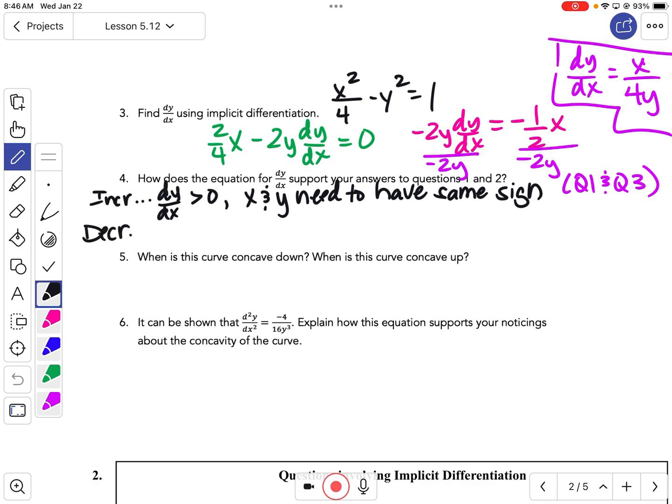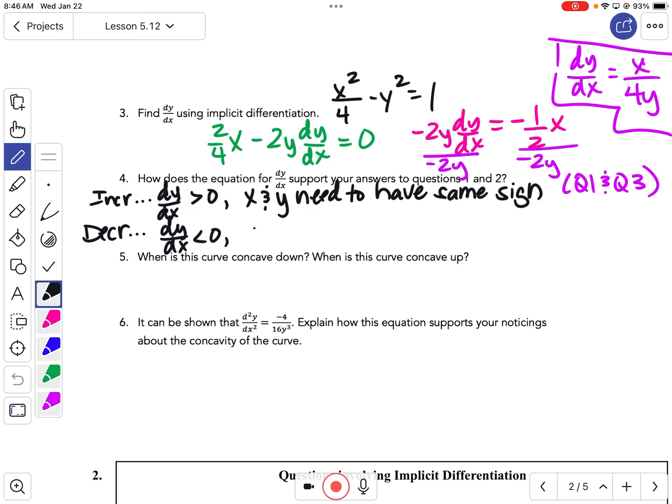For decreasing, what has to be true about the derivative? It has to be negative, and we said that happened in quadrants 2 and 4. So what would have to be true about x and y for a negative derivative?